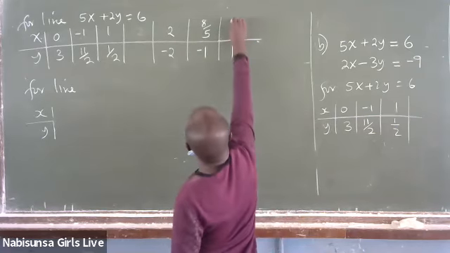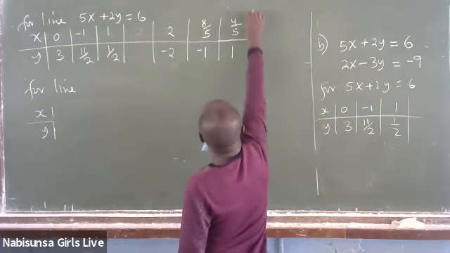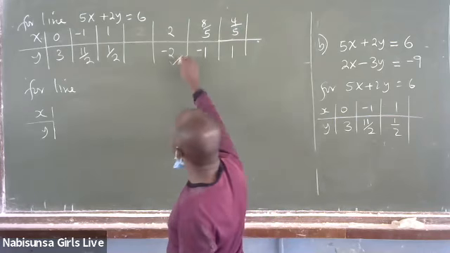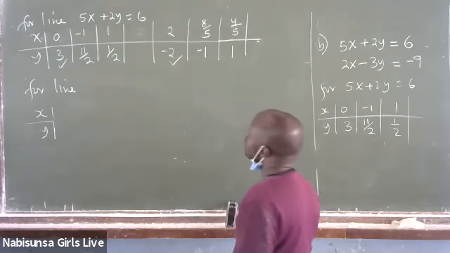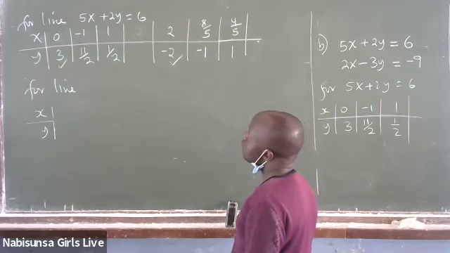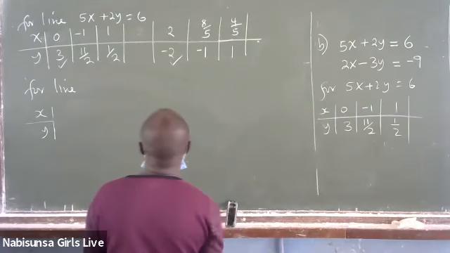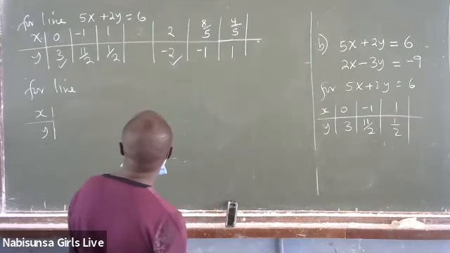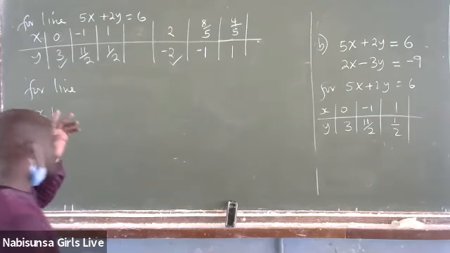Yes, exactly. So now you can adjust your table. Use this one and this one, since they are not fractions. Is it okay? And let me give you another value here. Let me look at another value.